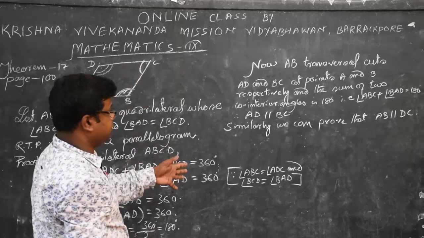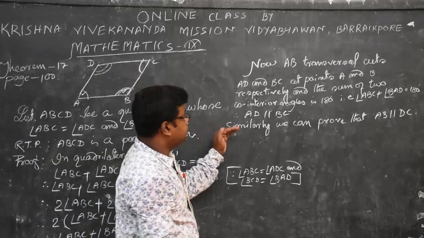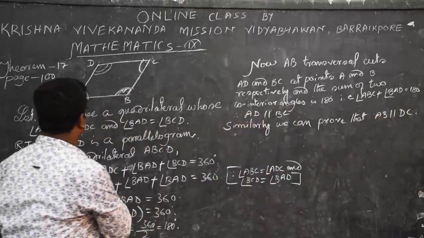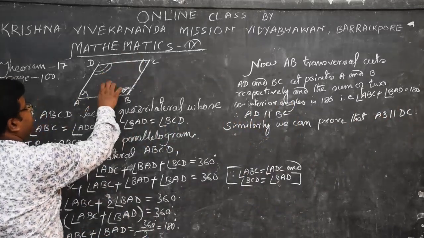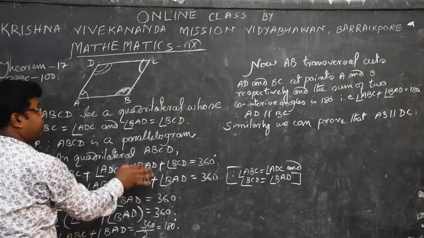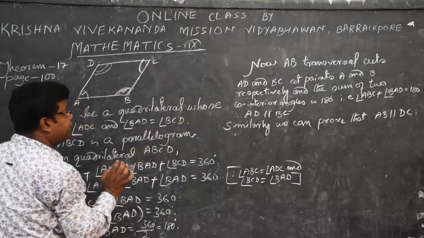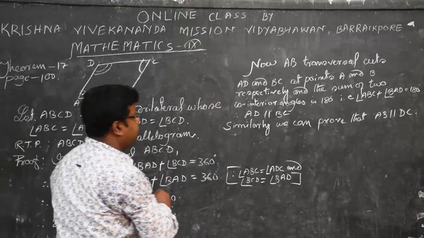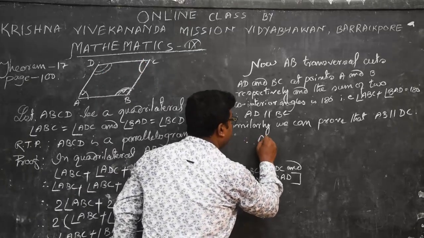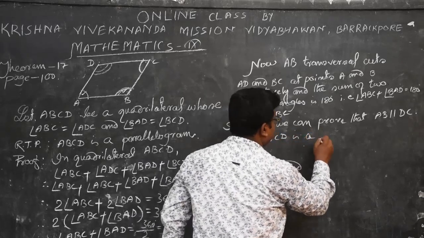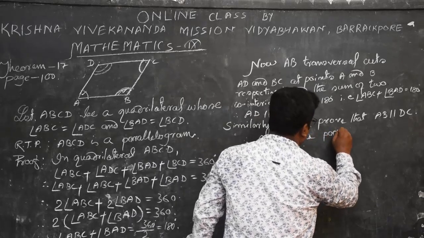But you do not have to show this, you just have to write here: similarly we can prove that AB parallel to DC. Now look at the figure. In quadrilateral ABCD, AB is parallel to DC, we have proved this, and AD is parallel to BC, similarly we can prove it. So ABCD is a parallelogram. Therefore ABCD is a parallelogram.